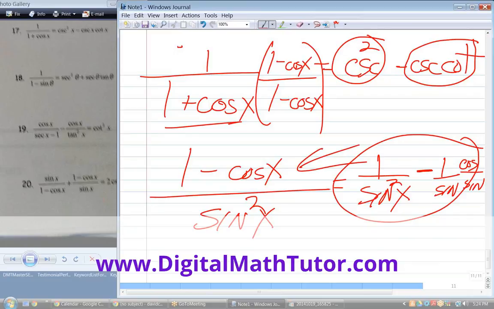Now, did I violate anything by manipulating both sides of this thing? I don't think so. I don't think your teacher would take off any points at all for that. Not usually the way I do it. I usually try to turn the left directly into the right, but sometimes it's easier to do that.